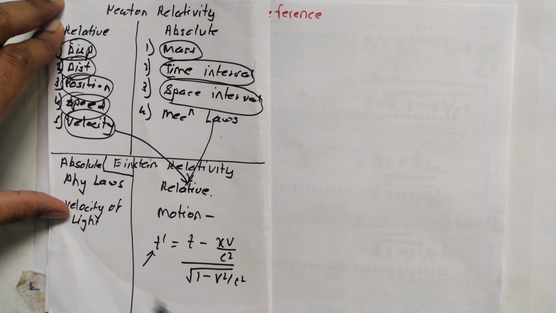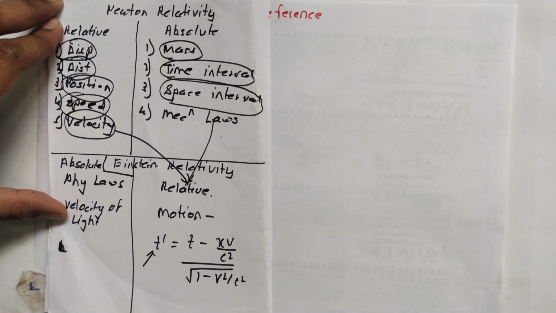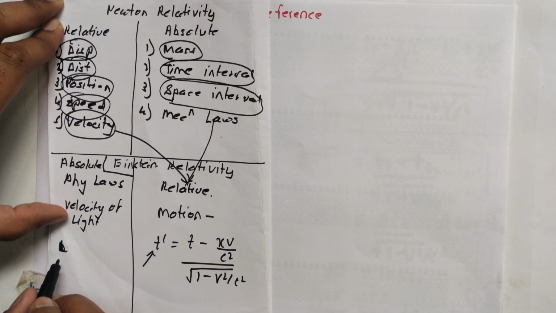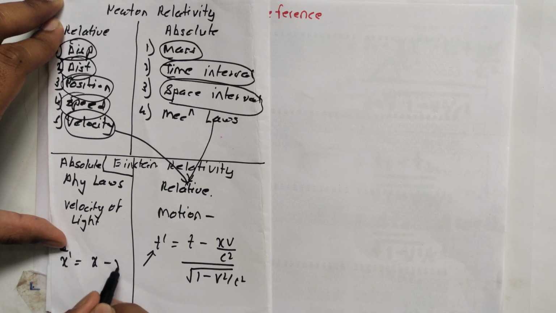Same way we have got equations for the position also, not actually length. x dash is equal to x minus vt divided by square root of 1 minus v square by c square.